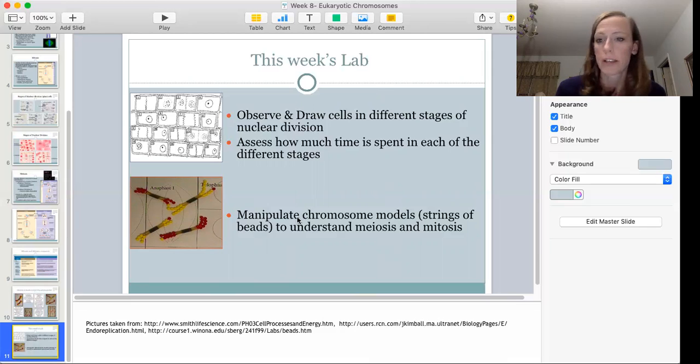And then we're also, like I said, manipulating the beads to demonstrate the different stages of meiosis and mitosis. Okay, so that is it for the pre-lab PowerPoint for this week.